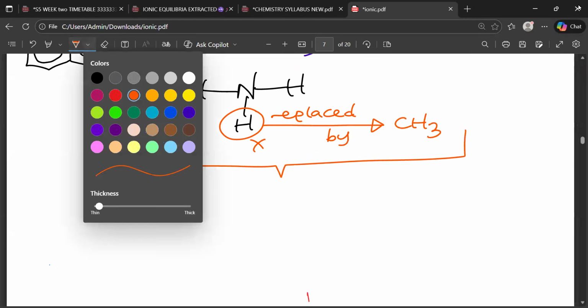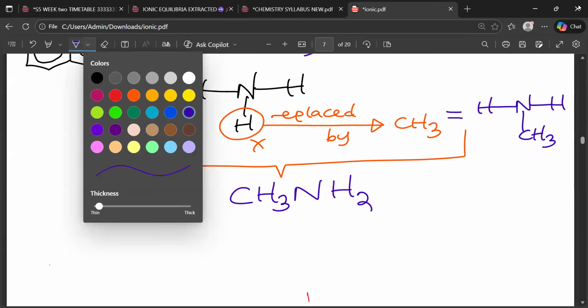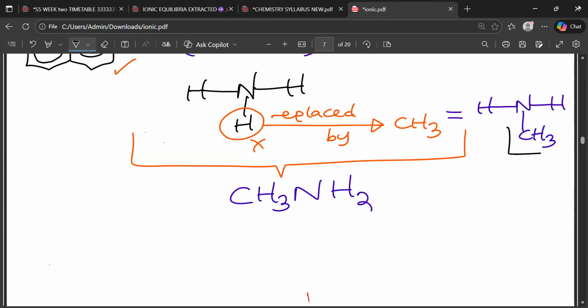The structure that is going to come up, it will be CH3NH2. Someone may be like, how have you obtained that structure? You look here. The structure will be, we shall have H here, we shall have N here, we shall have H here, then we shall have CH3 here. You get? So I think you can see. If we are to condense, we can begin with the CH3 and then write the NH2.